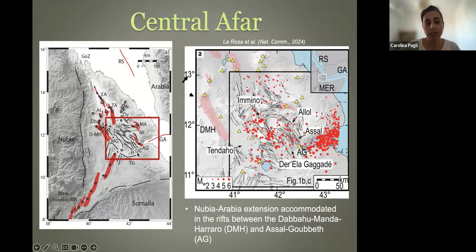We targeted Central Afar in particular because in this area the extension is quite high, around 20 millimeters per year. And there are a series of graben, Dabahu, Mandararo, Dendobi, Mino, various names, and Asal-Ghoubbet, that accommodate the extension. Only Dabahu and Asal have volcanoes at the surface.